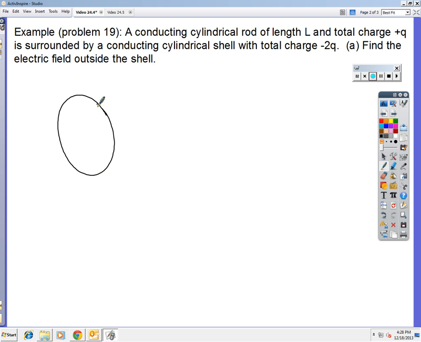We have this outer shell that has charge minus 2Q, and I'm showing kind of a cross section, and then inside it you have a cylindrical rod that has charge plus Q, and we're saying it's length L, but L is going to be assumed to be very large.